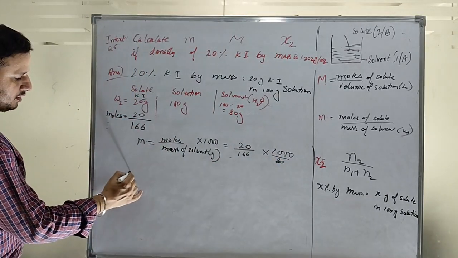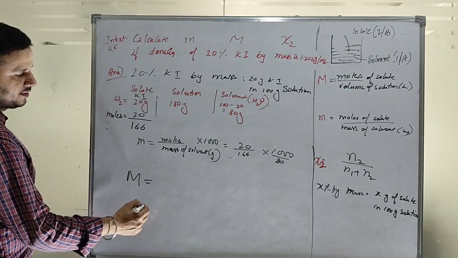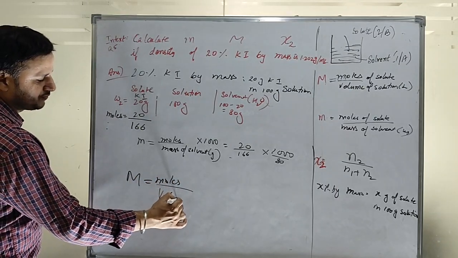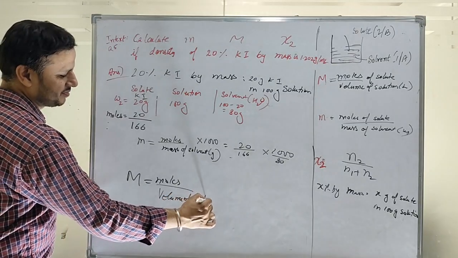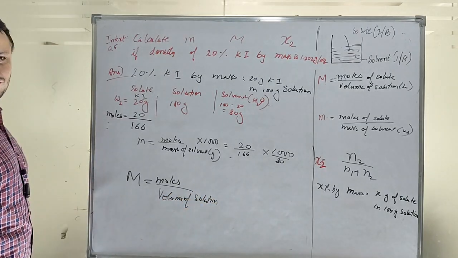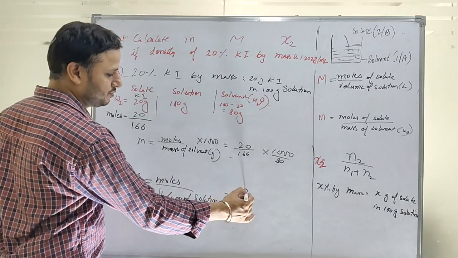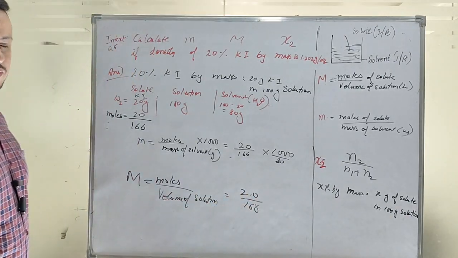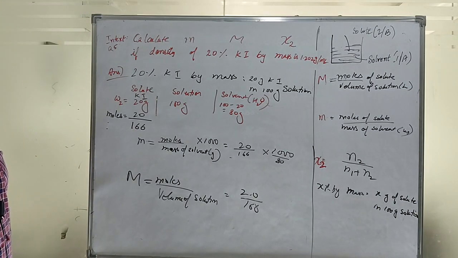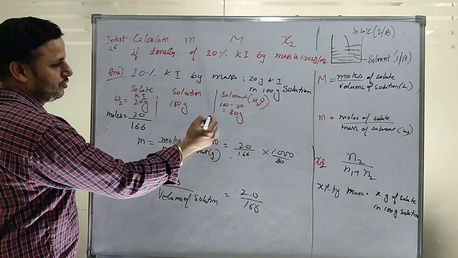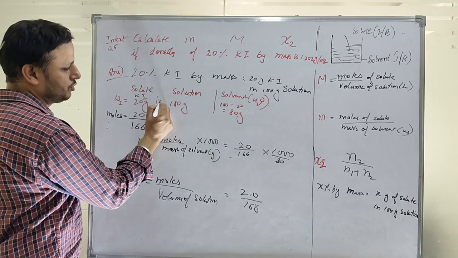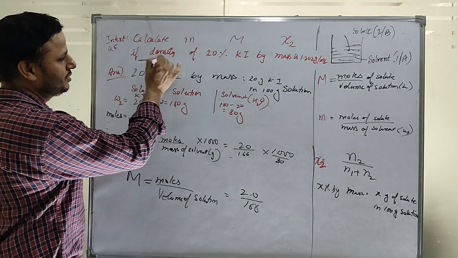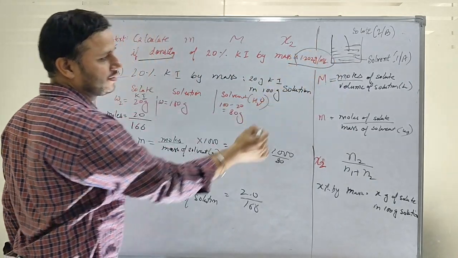So after molality, molarity is moles of solute by volume of solution. तो moles of solute, तो same 20 by 166, and volume of solution, और हमारे पास solution का मास है, इसलिए क्वेश्चन में डेंसिटी गिवन है.